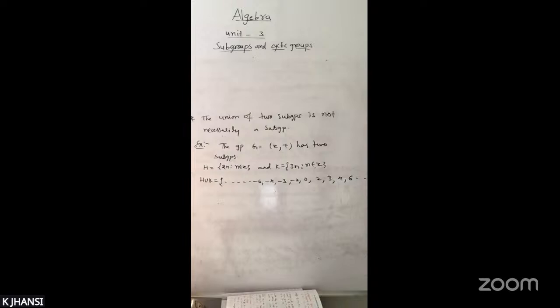This is H union K. If you want, you can write the multiples: for H, n equals 0 gives 0, next 2, next 4, 6, 8, and so on. Here also, if you put n equals 0, you get the positive terms and negative terms. So H union K, the combination of these two, you will get this as the set.